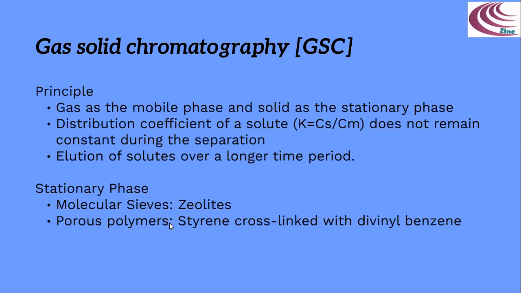Being hydrophobic, this polymer finds its main use in the separation of gases which are polar in nature. Thus, the separation of polar species like H2S, oxides of nitrogen, water, carbon dioxide, and methanol, or maybe vinyl chloride is possible with this stationary phase.